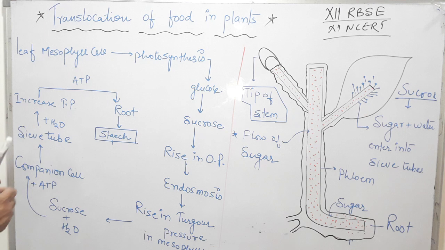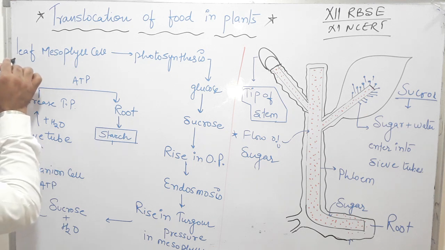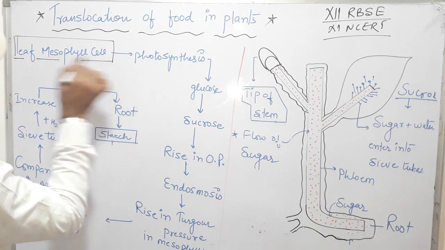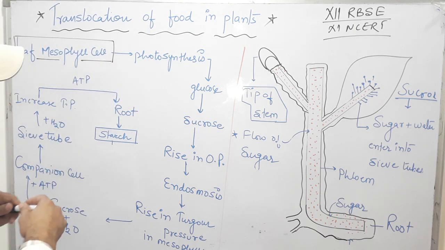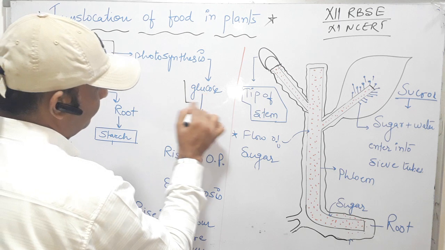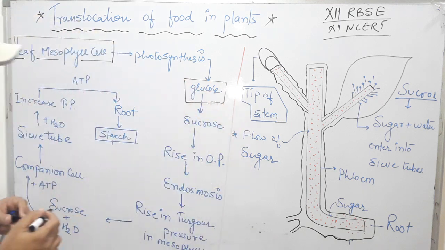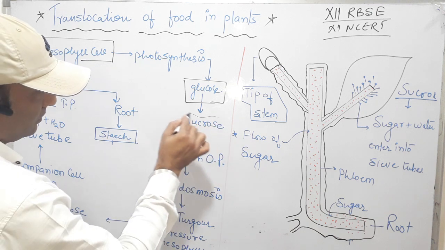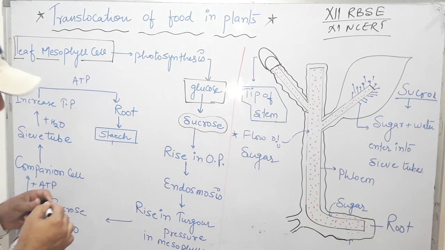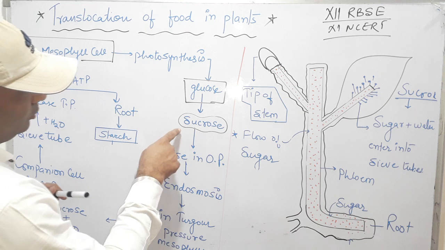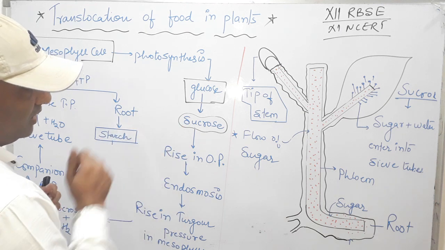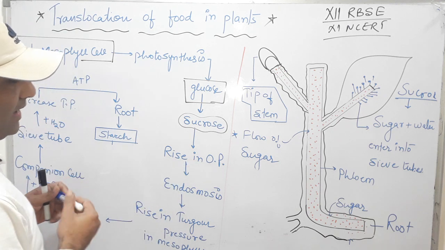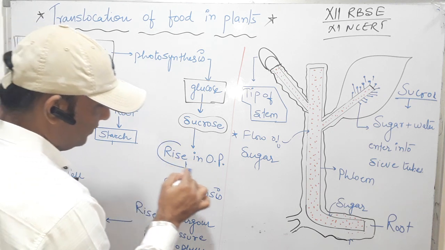So it is a ray diagram in which, first of all, the leaf mesophyll cell produces glucose by the process of photosynthesis. Now glucose is converted into sucrose in the mesophyll cell, and due to the increase in sucrose, which is less soluble and less reactive, it raises the osmotic pressure of the mesophyll cell.